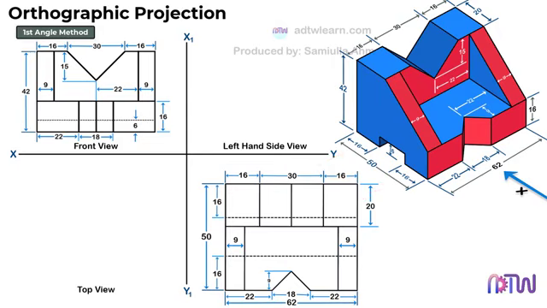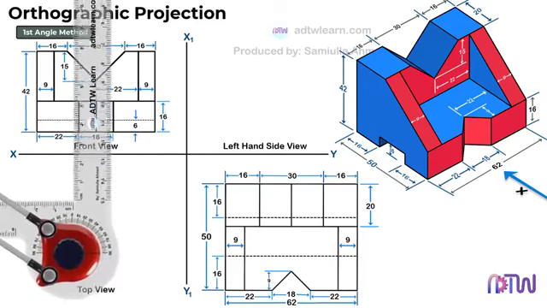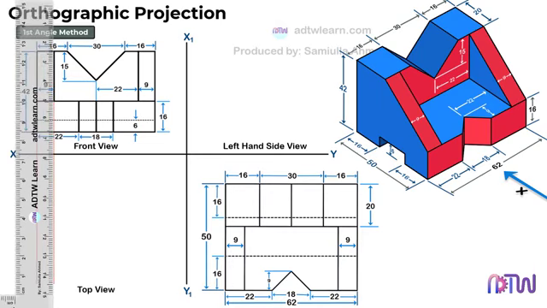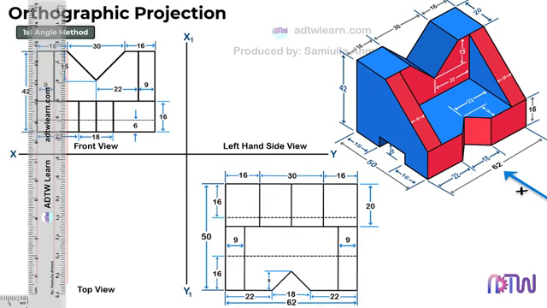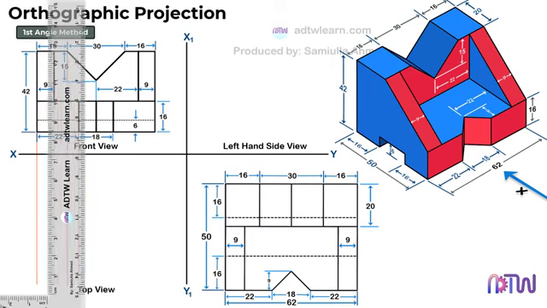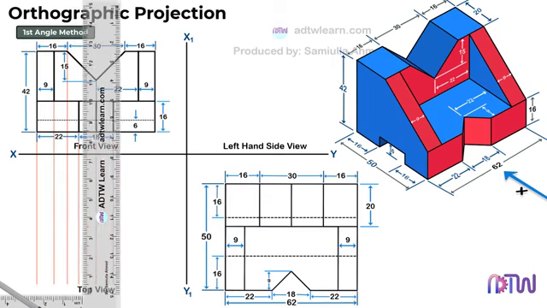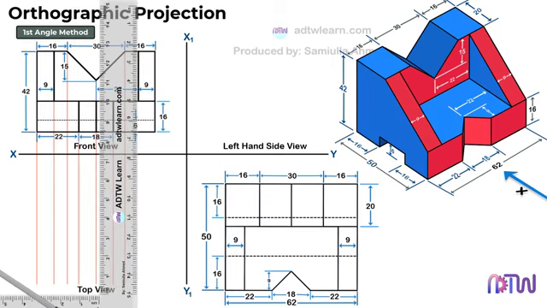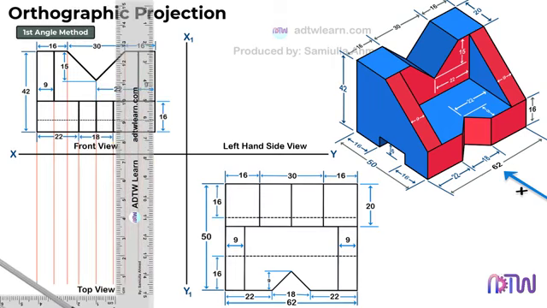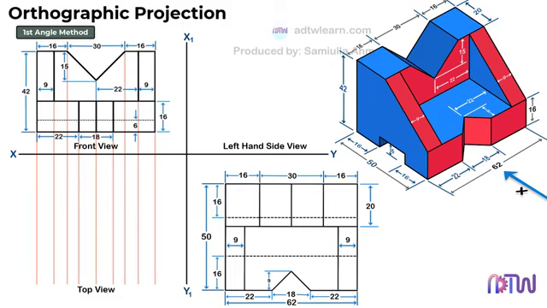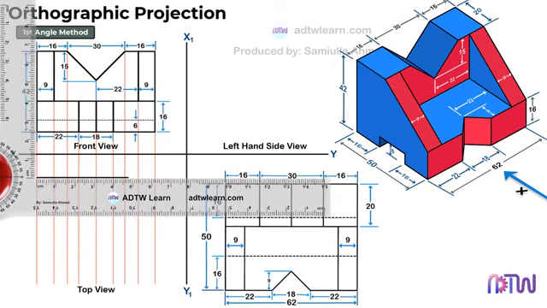Let's start drawing. Draw the reference lines from each corner point of the top view. After this, draw a horizontal line of 62 mm.